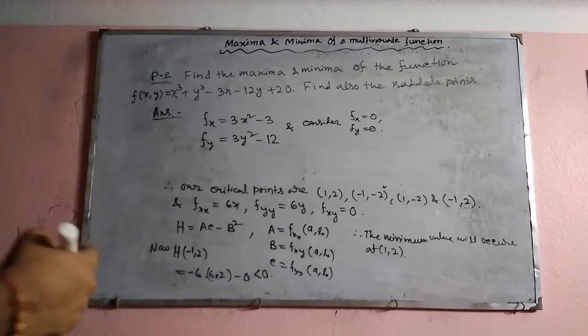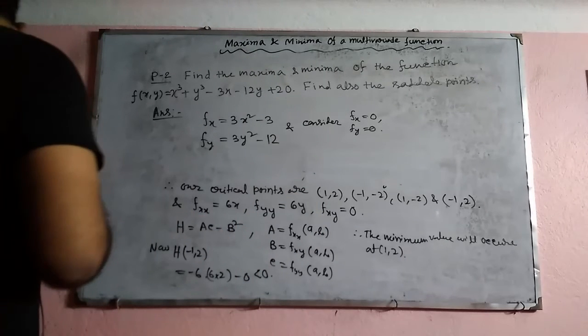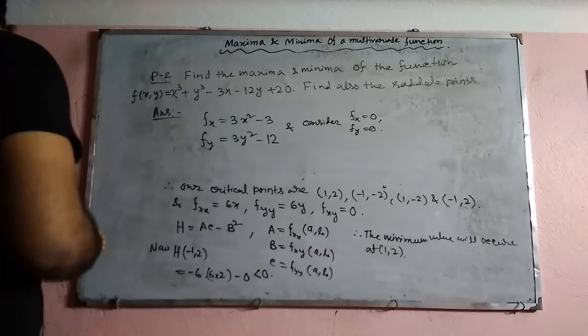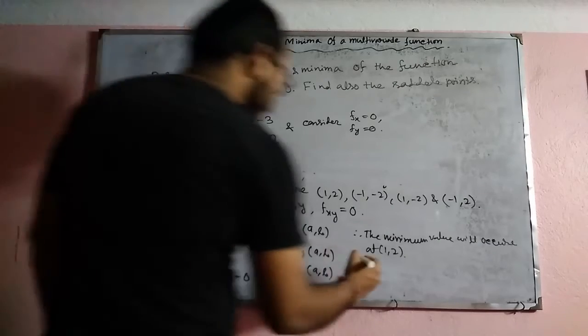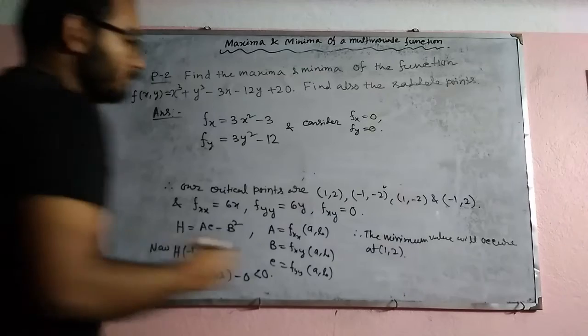So by the above theorem, by the previous theorem, this is less than 0 at the point minus 1, 2.